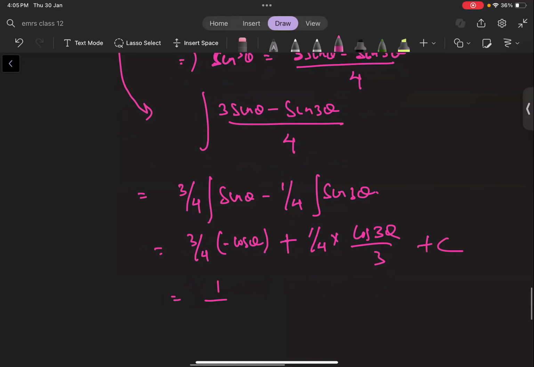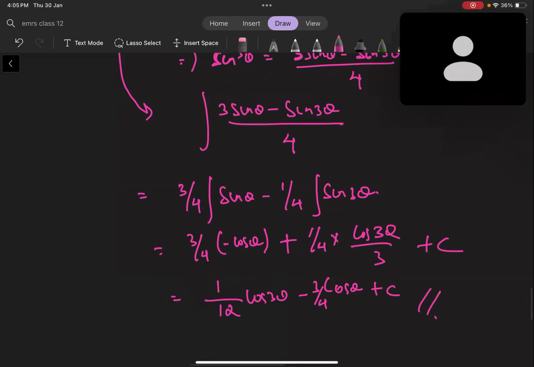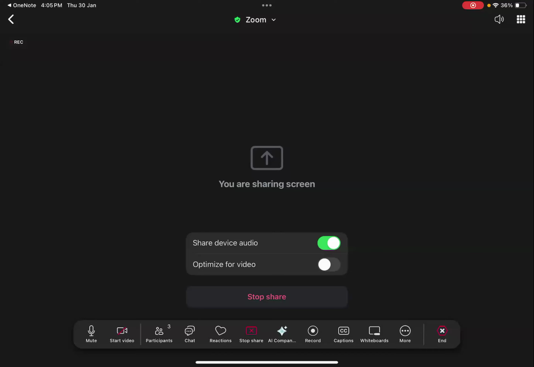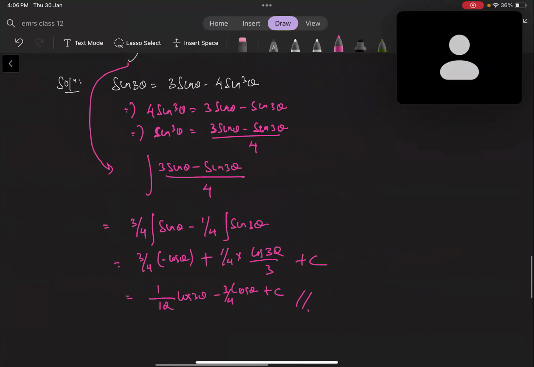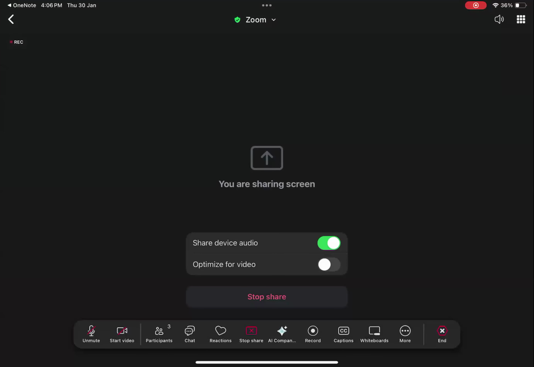So you can arrange it and write it as 1/4 of 3 sine theta minus sine 3 theta, and the integral gives cos theta plus the remaining term. Okay, so please write down the solution.